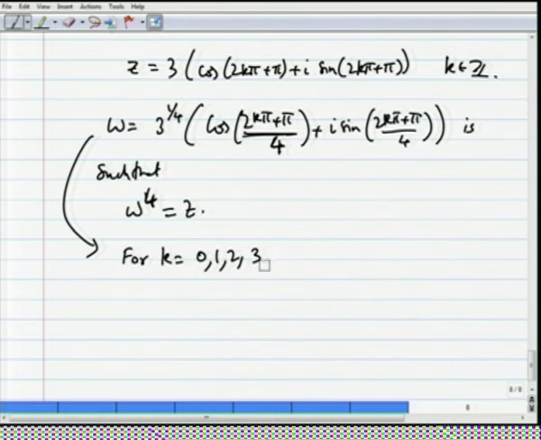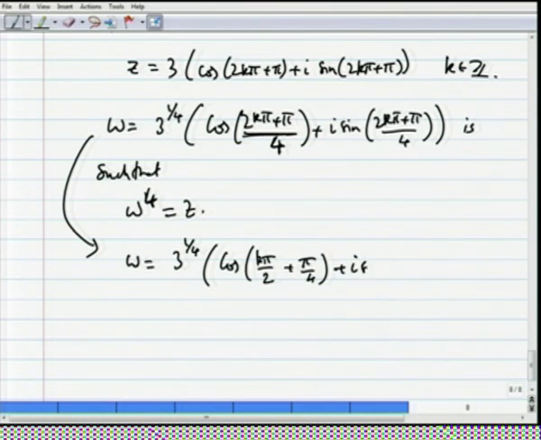So, let me be slower. Maybe I will say w is 3 power 1 by 4 times cosine of (k pi by 2 plus pi by 4) plus i sin of (k pi by 2 plus pi by 4), where k belongs to integers.